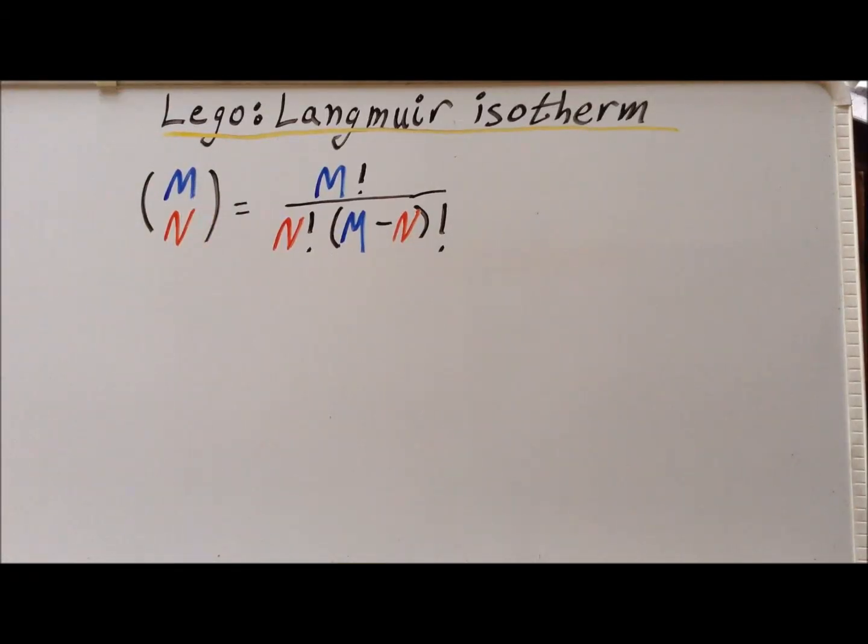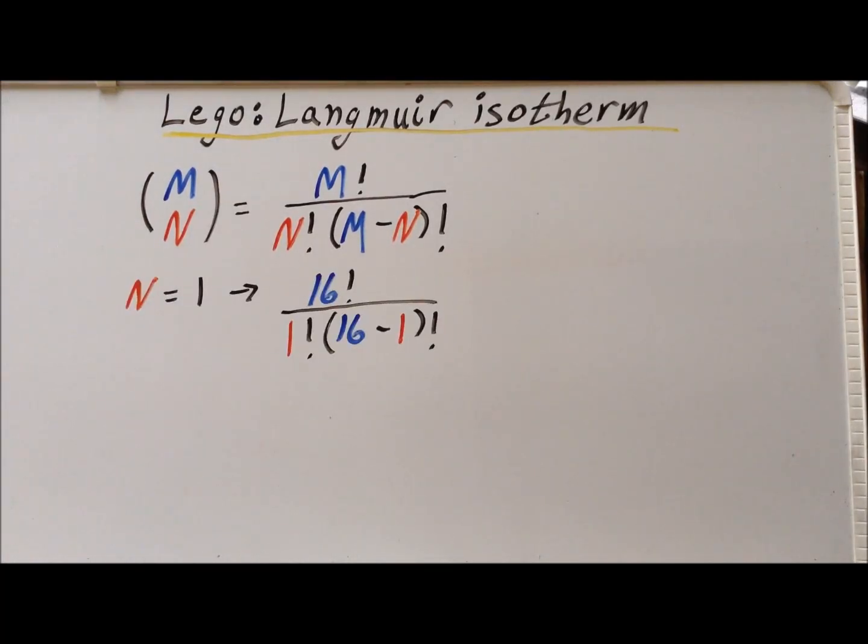M choose N gives us the number of distinct ways of arranging our N adsorbate molecules on the M distinguishable sites, and we can calculate this as M factorial divided by N factorial times the quantity M minus N factorial.